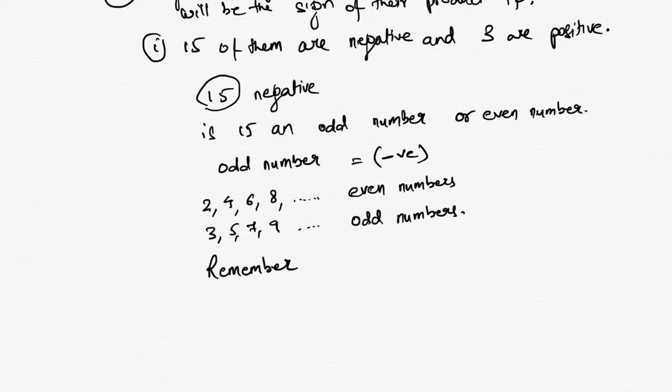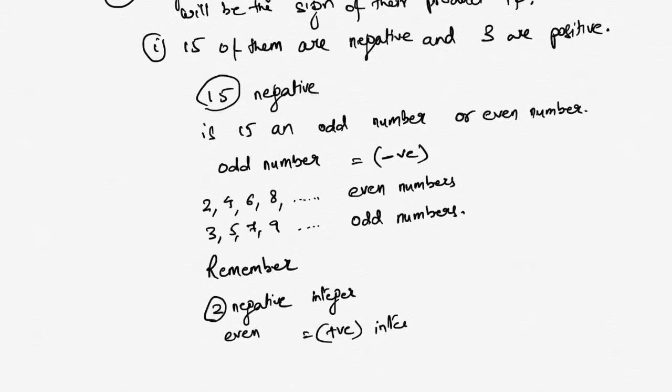If it says 2 negative integers, now since 2 is an even number, 2 negative integers will always become a positive integer. Okay.